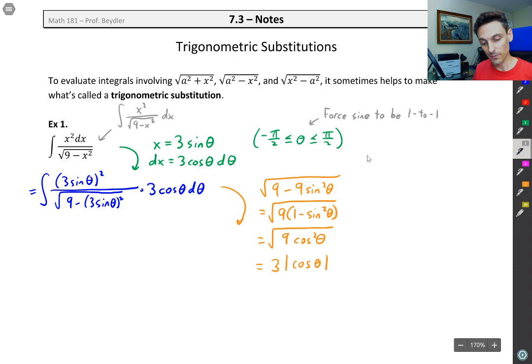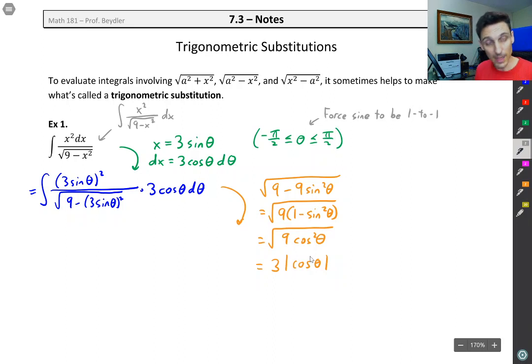So that's going to be useful not only down the road when we have to get the inverse of our trig function, but also at this point, because if theta is between -pi/2 and pi/2, cosine is positive on that entire interval. If you think about -pi/2 to pi/2 on the unit circle, that's where the x values of the unit circle are positive.